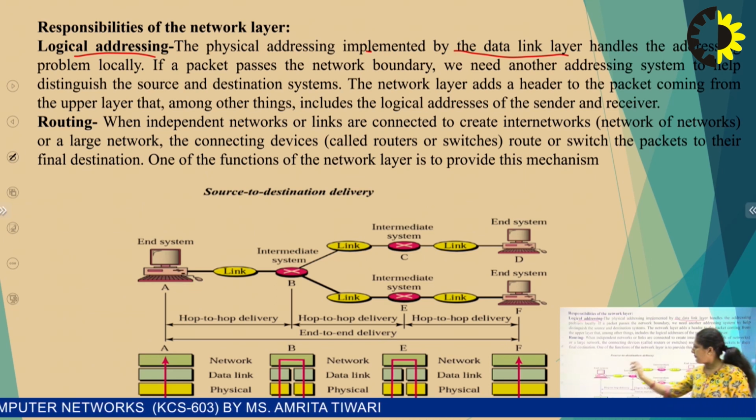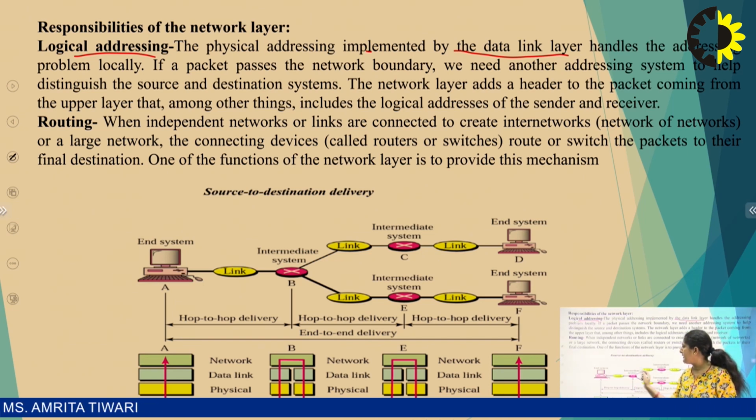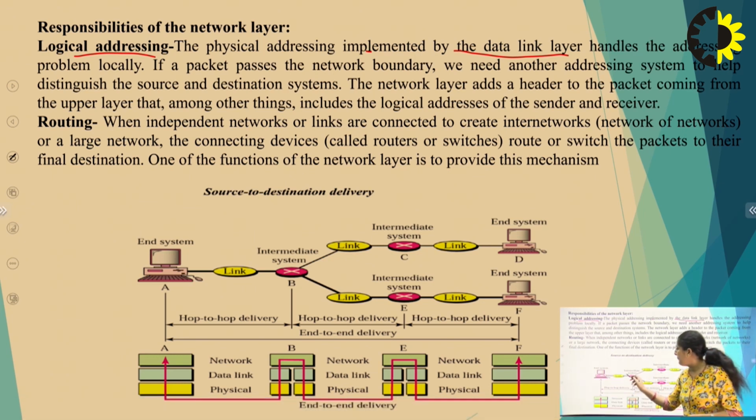If this is an end system and this is an end system, with an intermediate system in between, they connect through routers or switches. Routing means choosing the best possible shortest path to reach the receiver end. The data sent from the sender can use different paths, that is routing paths, to go to the receiver end.